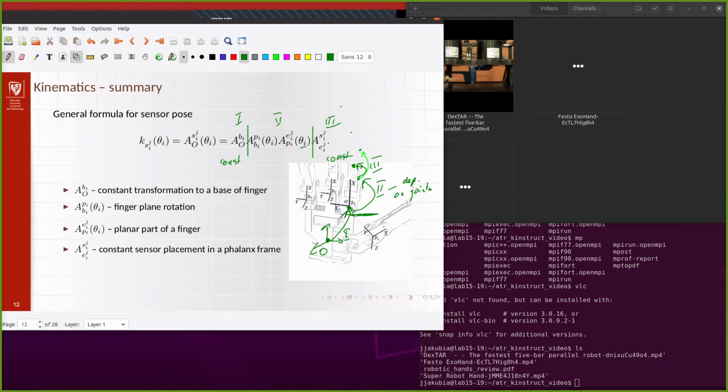The only difference is that we explicitly calculated the second part with Denavit-Hartenberg, but we also need to add a constant matrix before and after to make a complete solution.